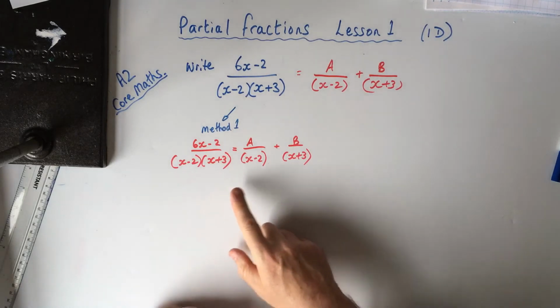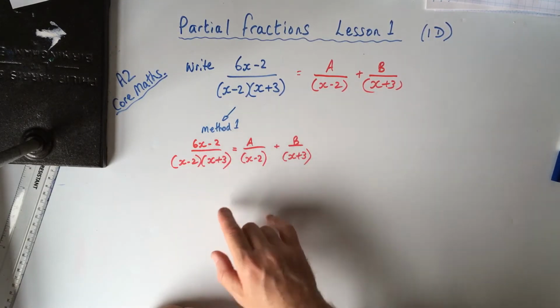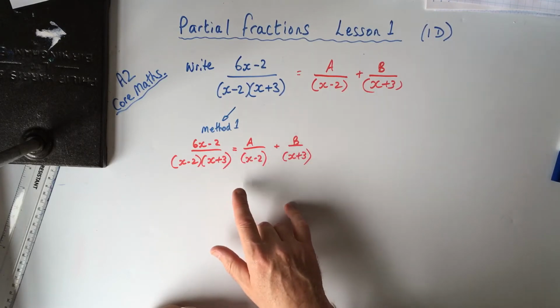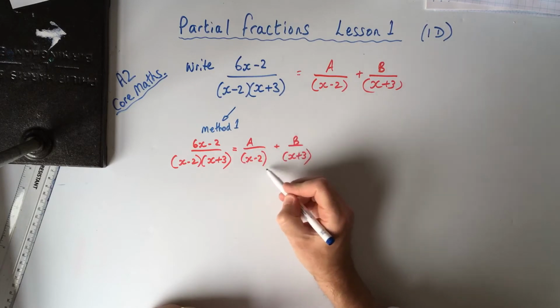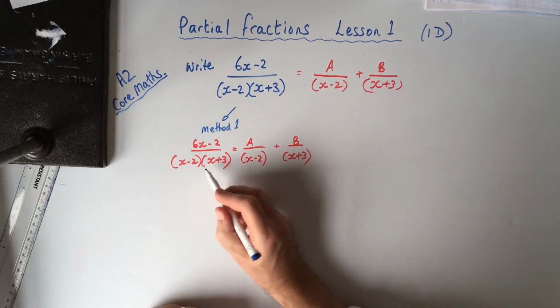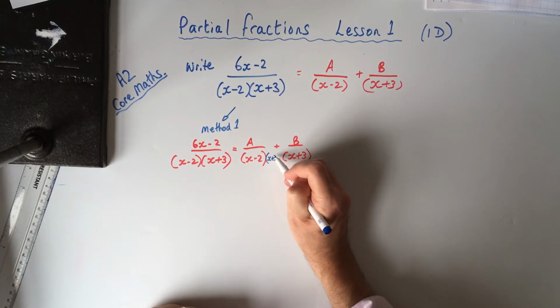Now to make this bit the same, we're going to equate coefficients in a minute. So what I want to do is change this here and make it the same denominator, and if I did that I could times the bottom by x plus 3, couldn't I?